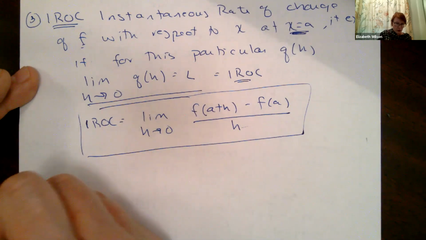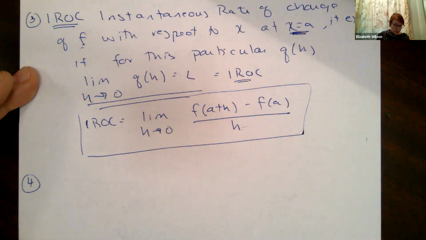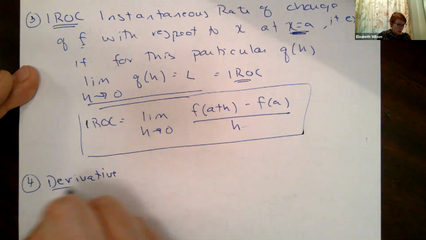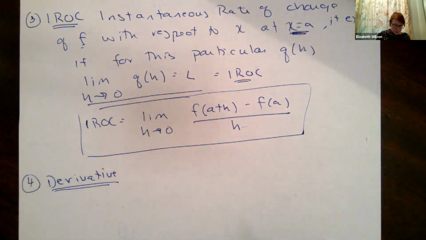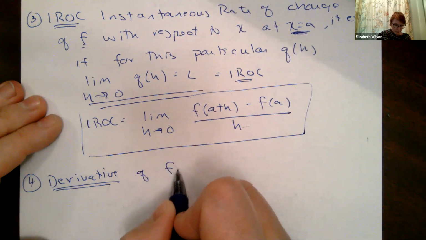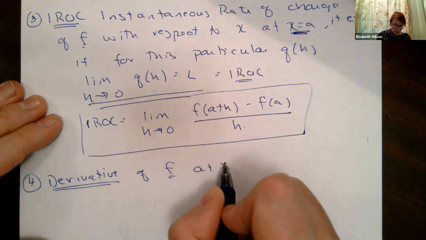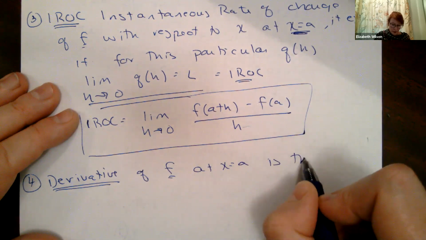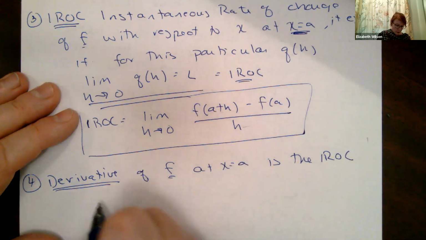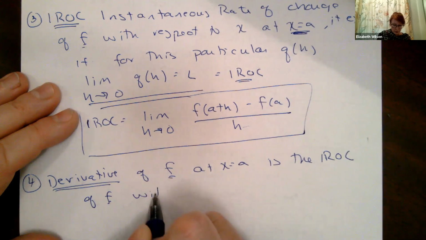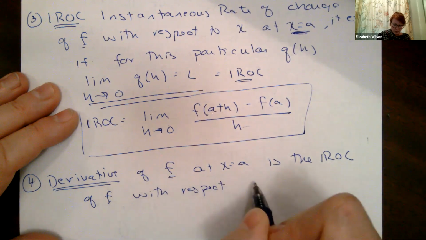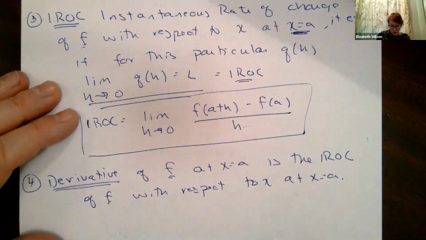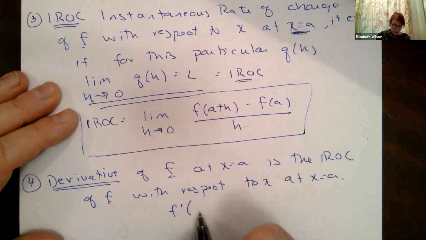Lastly, we use our instantaneous rate of change to talk about the derivative. Our derivative of our function at x equals a is the instantaneous rate of change of our function with respect to x at x equals a, and we can denote it f prime of a.